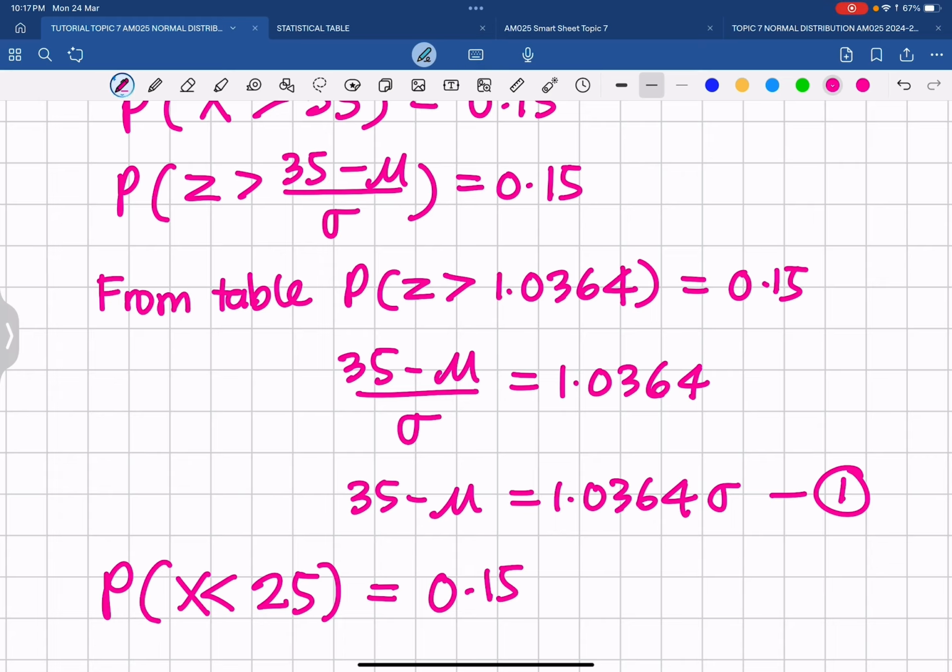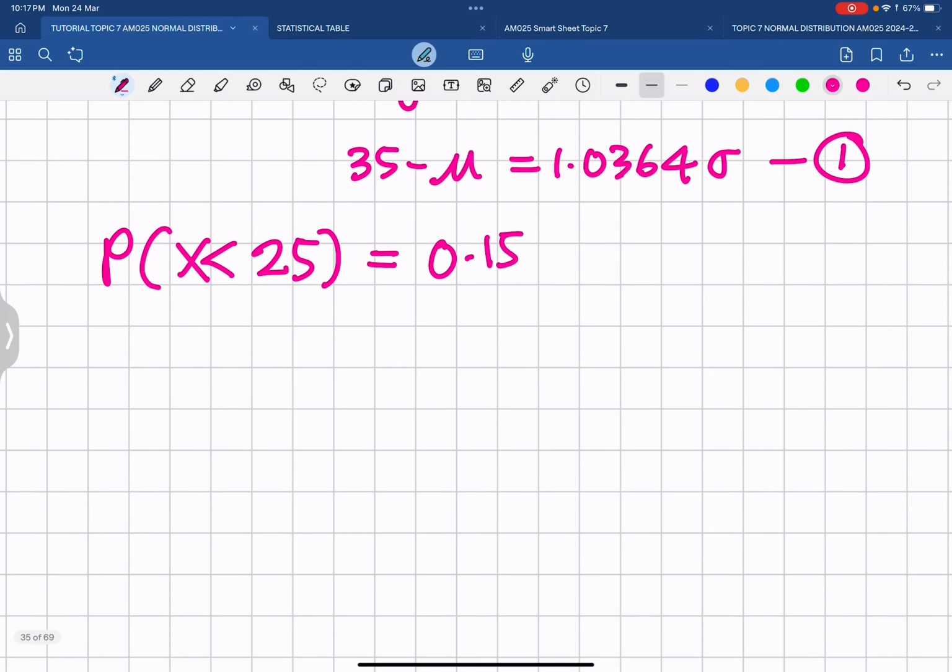Another piece of information that we have is probability X less than 25 equals 0.15.